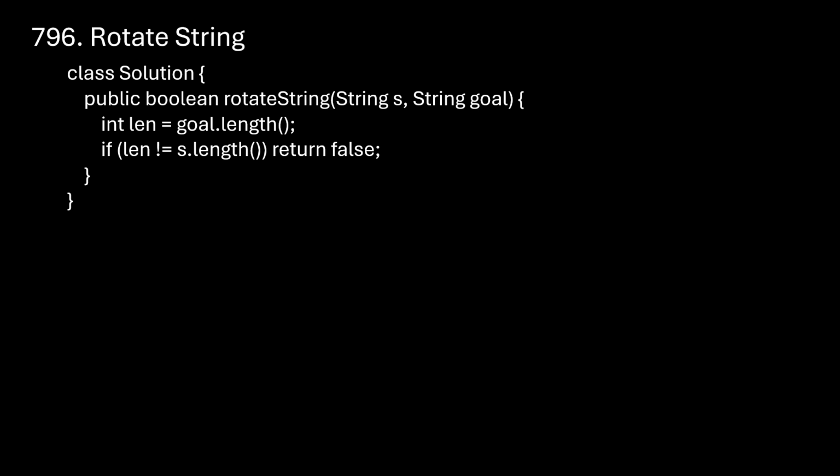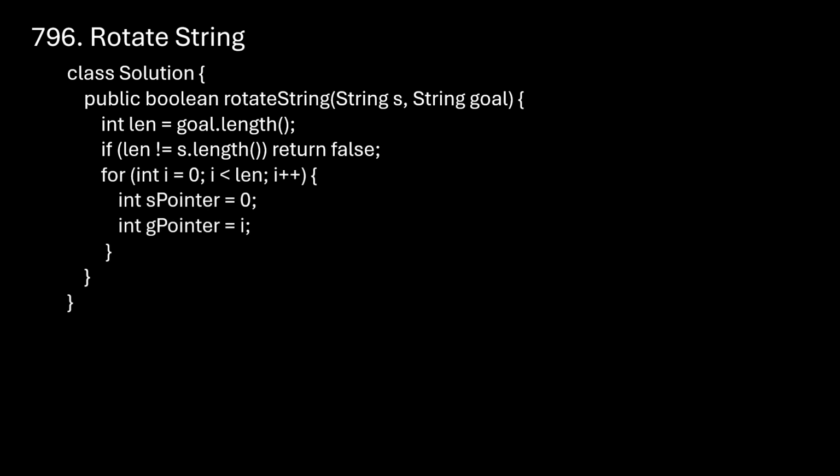If the goal is not the same length as the string s, then we have a problem, and we can't really compare them because we already know it's incorrect. So let's just return false in that case so that we don't end up having any pointers going out of bounds or any problems like that.